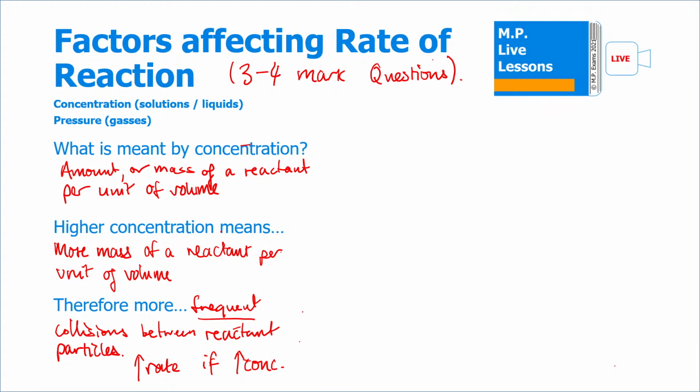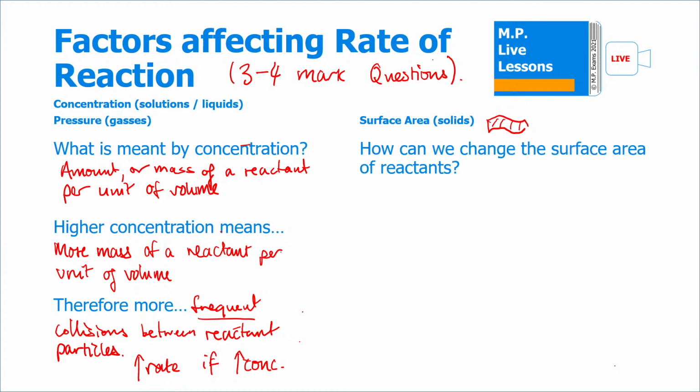Another factor you need to look at is the surface area, and this usually applies to solids. One good example could be a very small strip of a metal, let's say that's magnesium. How could you change the surface area of this reactant? You can either cut it up into smaller pieces, perhaps, or you could break it down into a powder.